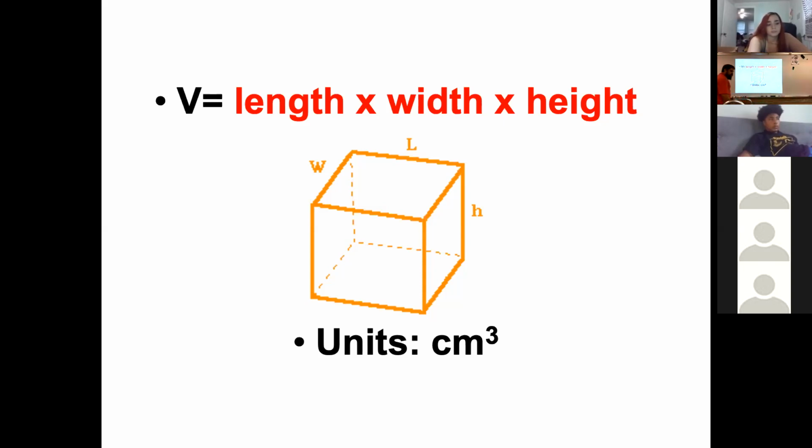So again, I would just basically simply measure one side, measure a second side, and measure the third side. I would multiply each one of those times each other. And so the units I would use there would be centimeters cubed. Potentially they could be meters cubed. You can take any length and make it cubed if it's for volume.